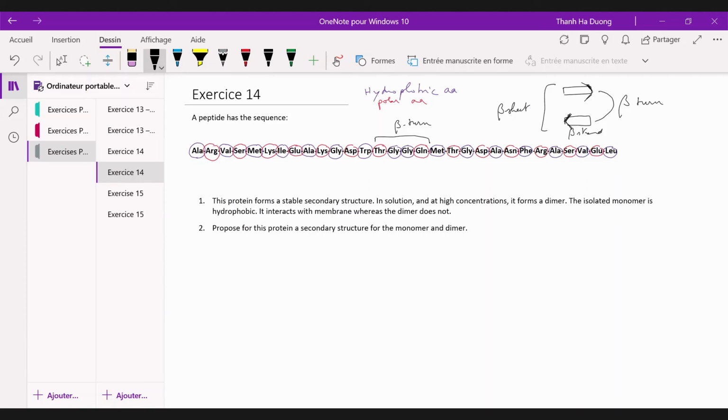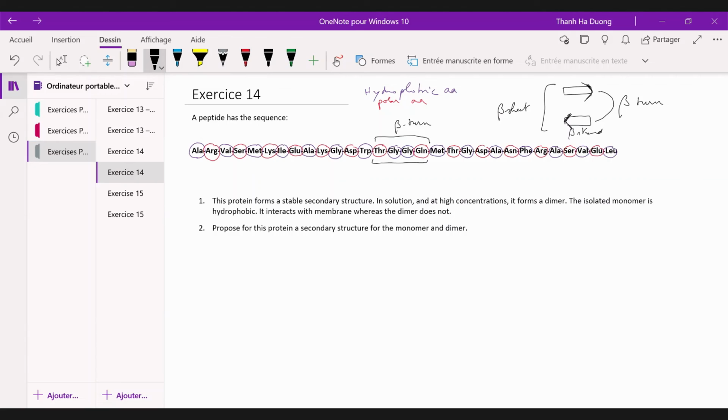Wait, can you repeat that? I just lost connection for a little bit. I didn't know why there's a beta turn. The beta turn is because in my lecture you have a table with the amino acids and the frequency of these amino acids in the secondary structure.